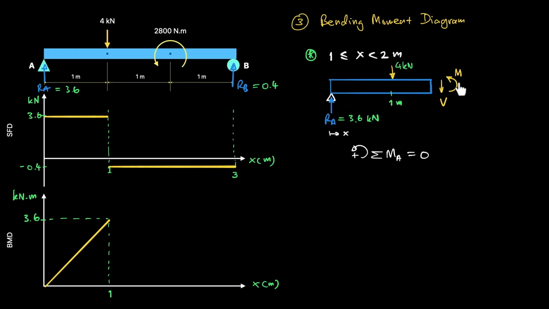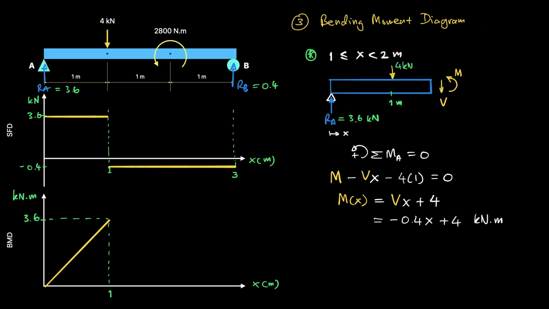We have M counterclockwise. V times the lever arm x clockwise at A, so minus V times x, and the 4 kilonewtons times the lever arm 1 meter, also clockwise at A, so minus 4 times 1 equals 0. Thus we have M of x equals V times x plus 4, which is negative 0.4 times x plus 4.